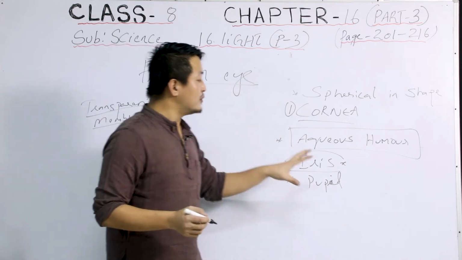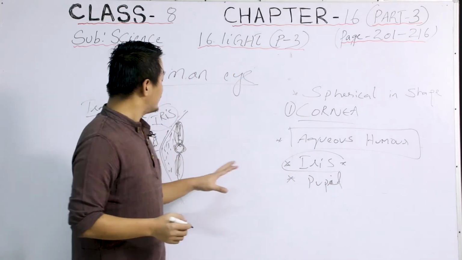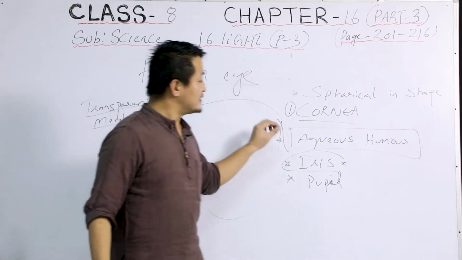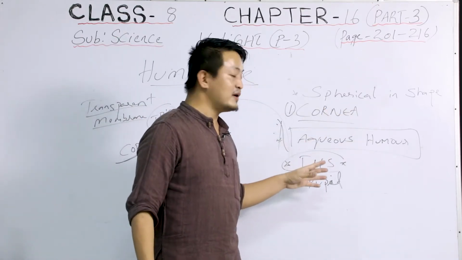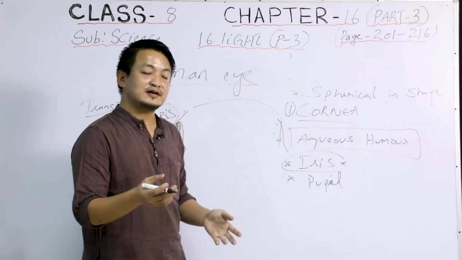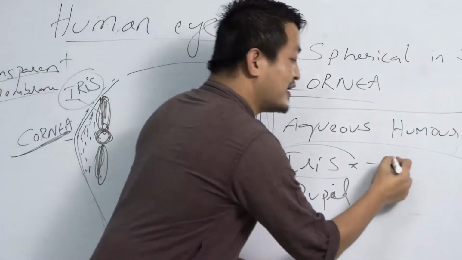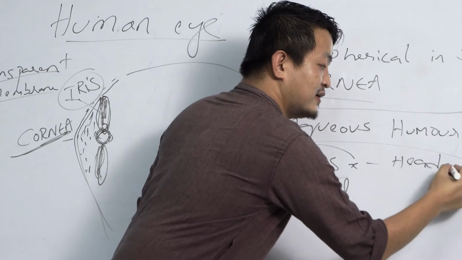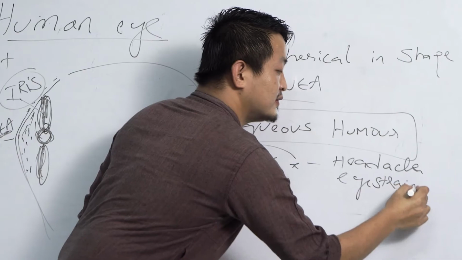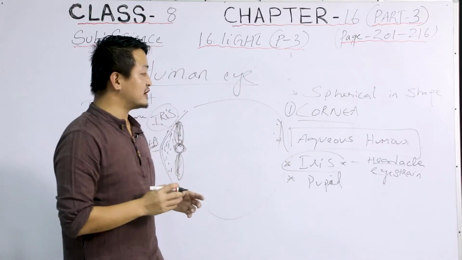Too much sunlight would damage our retina, which you will find here at the back, and I will explain it later. And if there is insufficient light, that will cause headache and eye strain. Like I have said, our human eye is very sensitive, so we should take care of it.